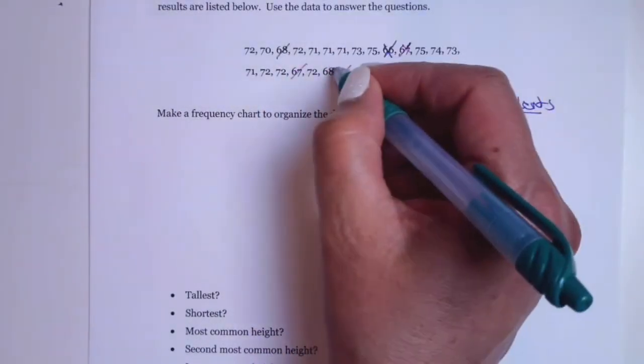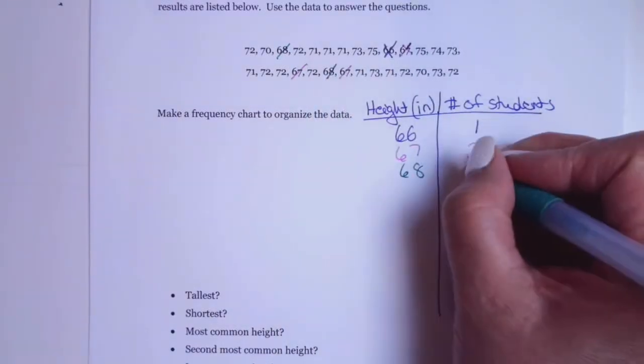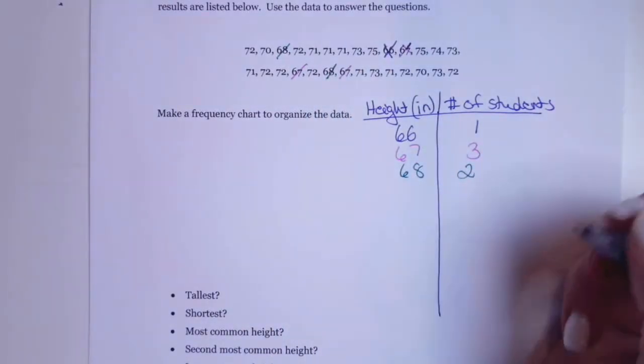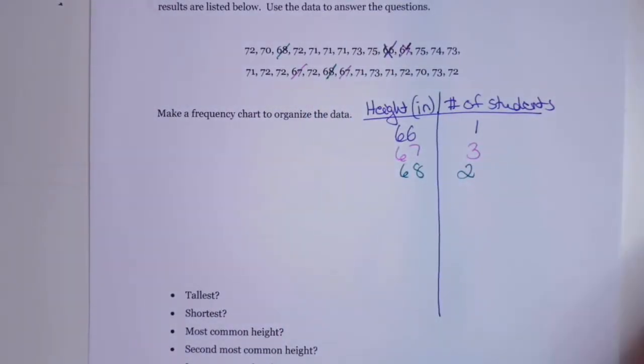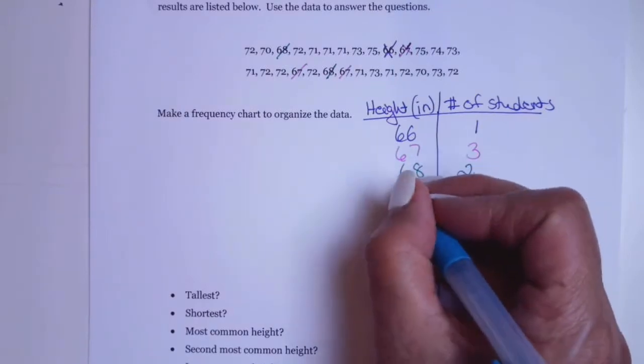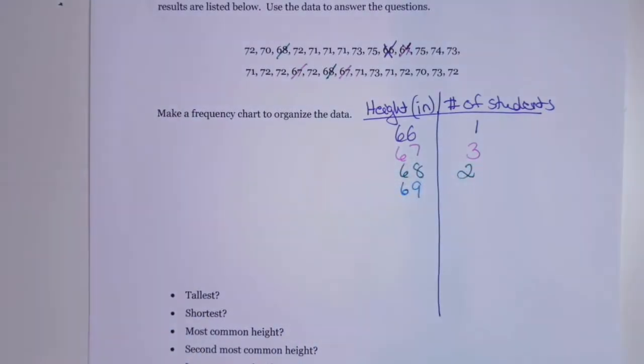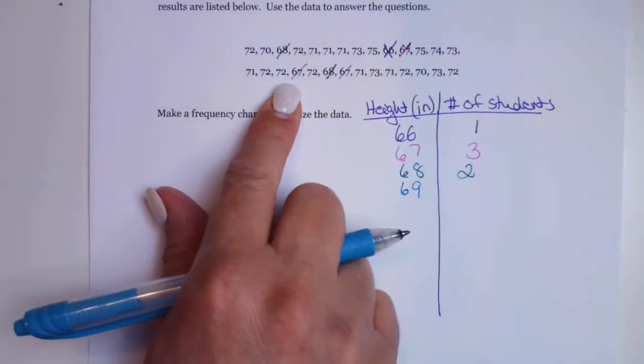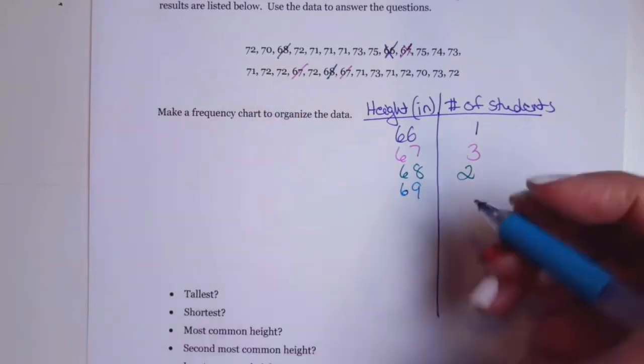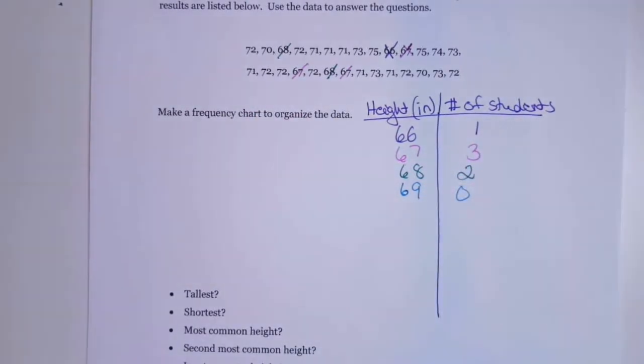So we have 1 and 2 students that are 68 inches tall. Next one is 69. And when we go through this list here, we don't see a 69 listed. So there are 0 students that are 69 inches tall.